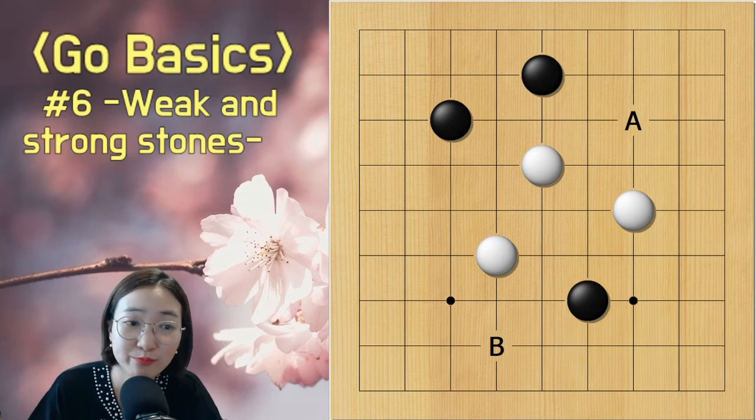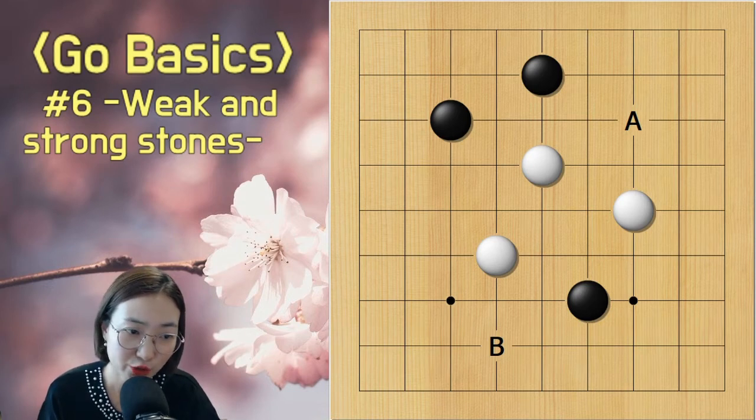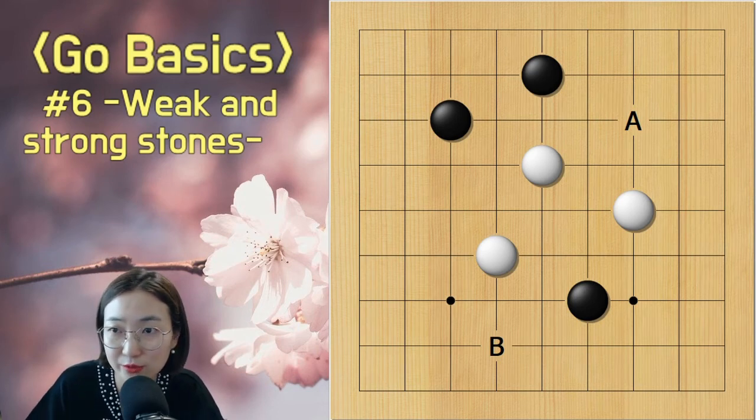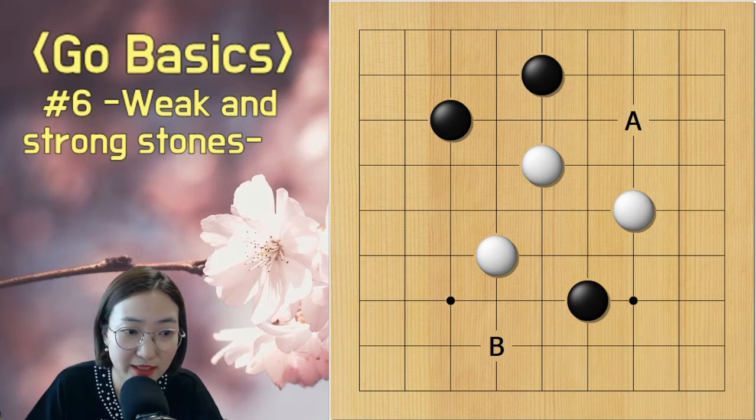In the real game, we have to first care for my weak stones. If I had to play a move, then I would have to protect the weak stone because there's no need to defend a strong one. Let's see it play out. It's black's turn.